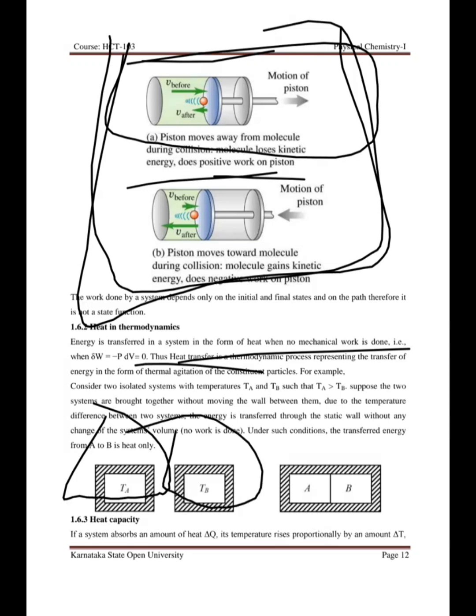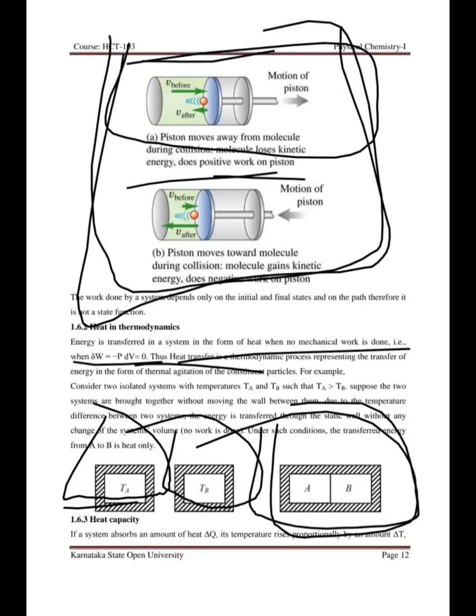If the systems are kept together, the energy, that is heat, from the temperature of system A can be transferred to the temperature of system B. That is what heat in thermodynamics means, without doing any mechanical work. Even if the piston is not moving, if the systems are kept together, the temperature can be moved from system A to system B.